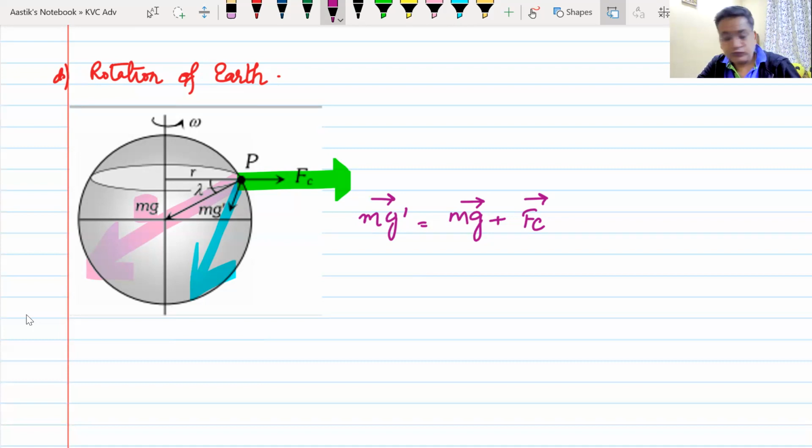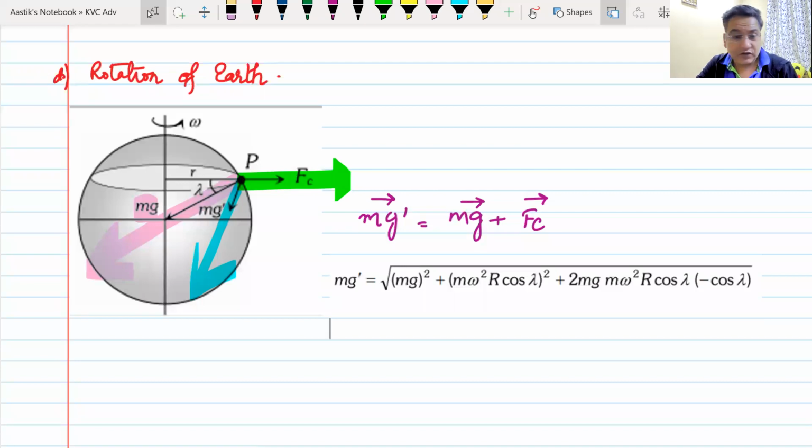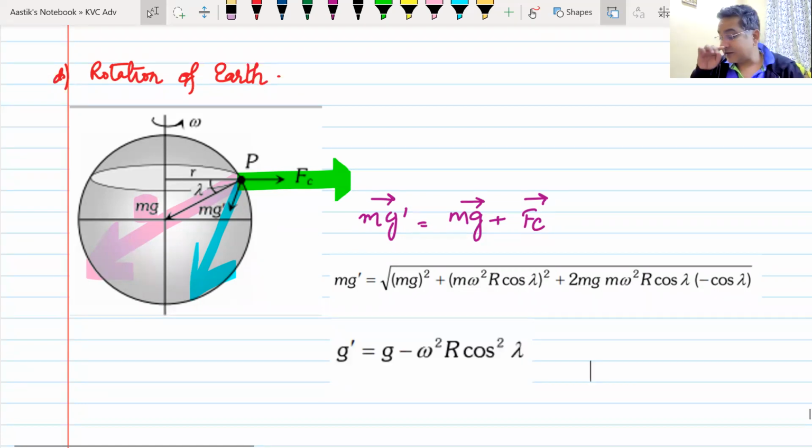You can note down. From this formula, we get the actual value of g, which is not g, but is taken as g dash. This is how we put the values. Here we get the formula for the variation in the value of g due to rotation of Earth.